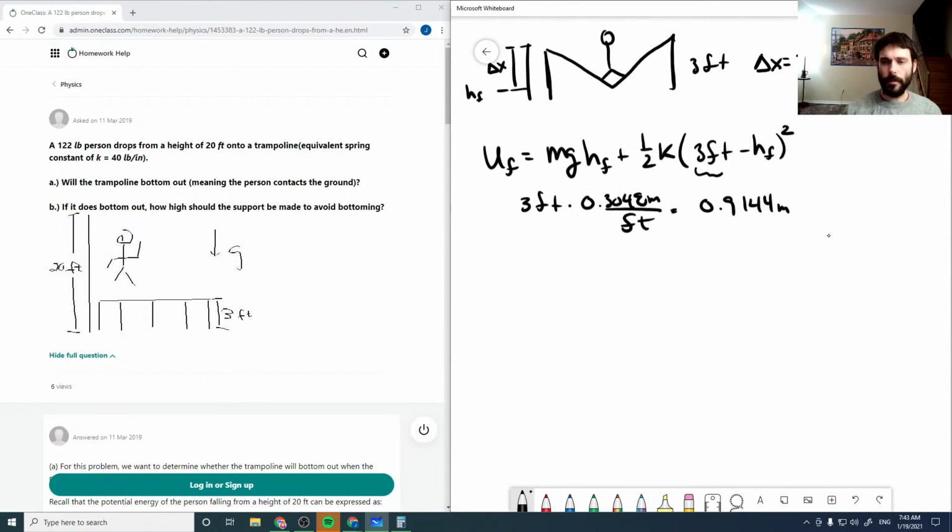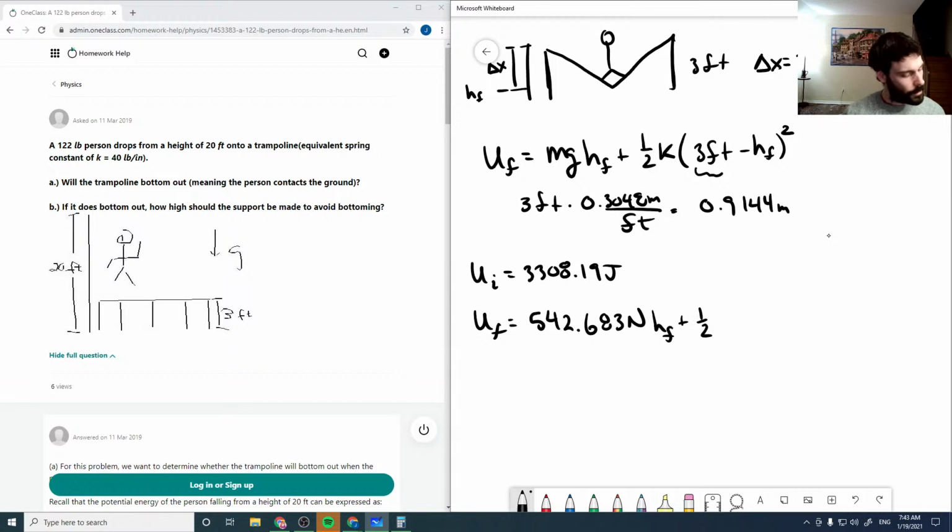Okay, so from our conservation of energy, we have that UI is 3308.19 joules, and our UF is our mg, which is 542.683 newtons, times our final height, plus 1/2 of our k, which we solved for, 7005.07 newtons per meter, times our 0.9144 meters minus our hf, squared.